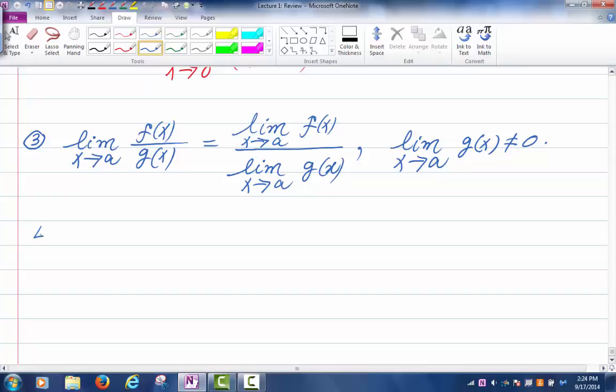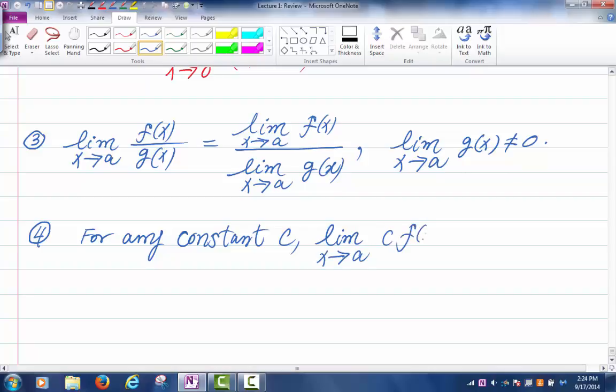Okay, 4. I have to write it here, but I wanted to write it in number 2. For any constant c, the limit as x goes to a of c times f of x.